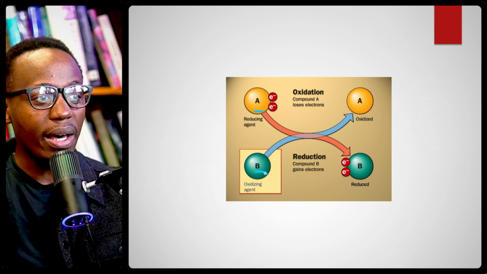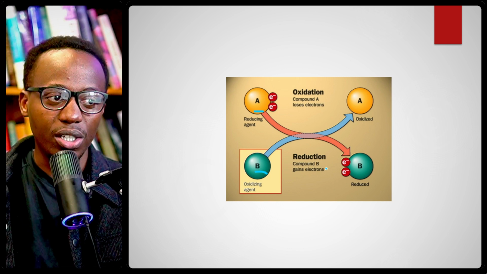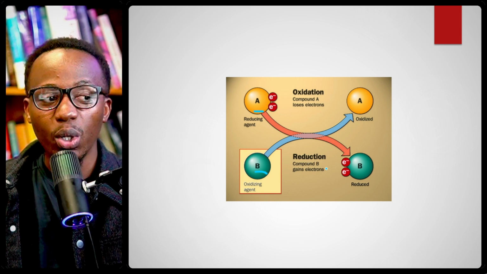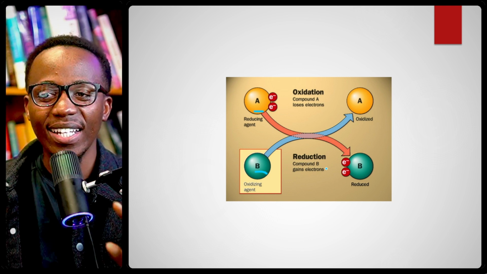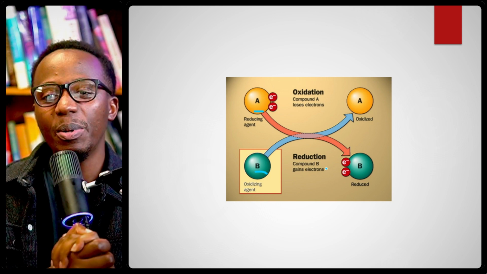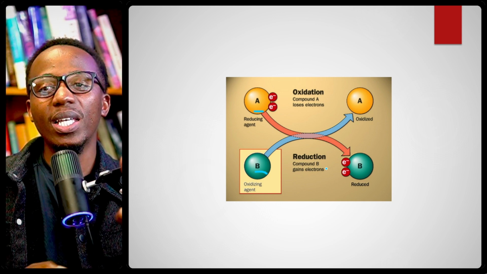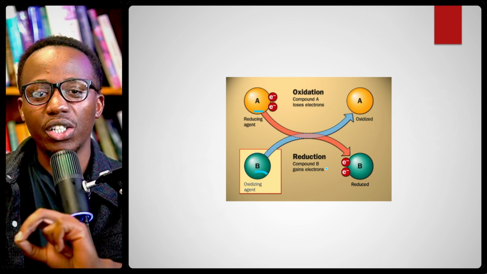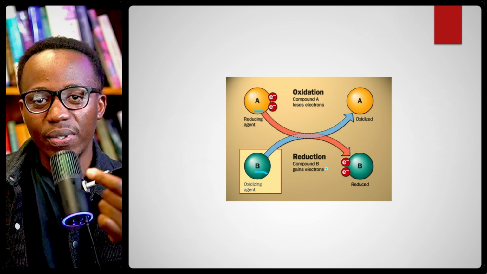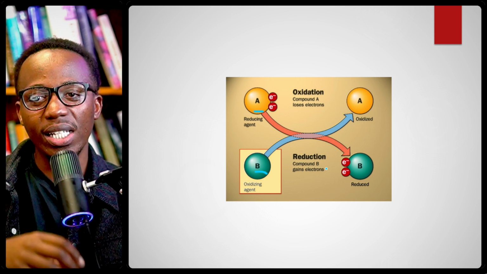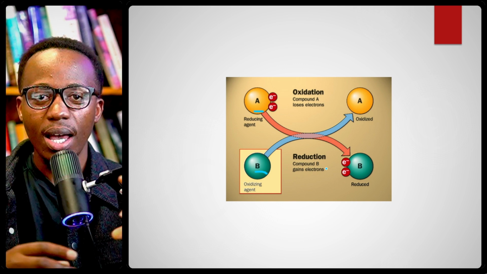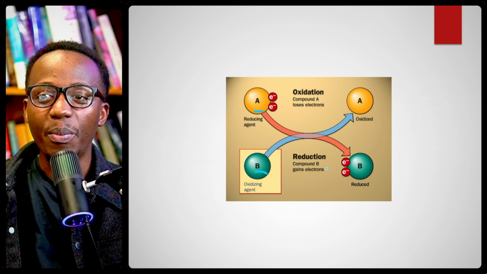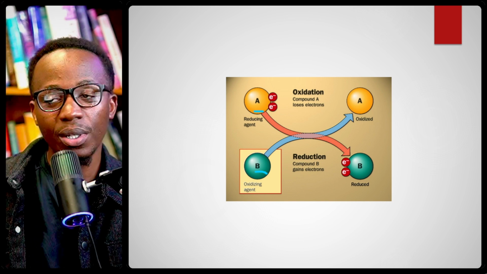So the compound that undergoes reduction is going to be reduced, and we call it an oxidizing agent. So this is where a lot of people get confused. If something is an oxidizing agent, it undergoes reduction and it is reduced. And if something is a reducing agent, it undergoes oxidation and it is oxidized. So make sure that you understand these terms.